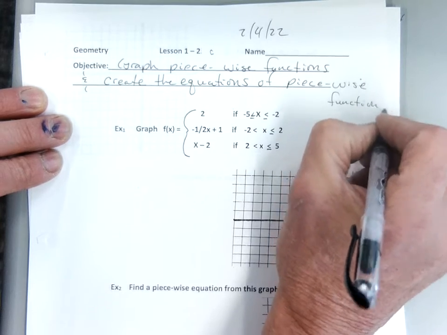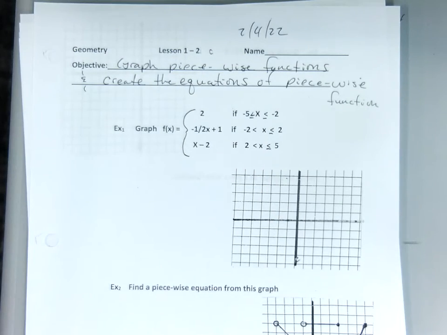So we want to do two things. We're going to graph them, and then like on example 2, we're going to find the equation, okay? We can do both. We're going to graph them, and then we're going to create the equations, okay?